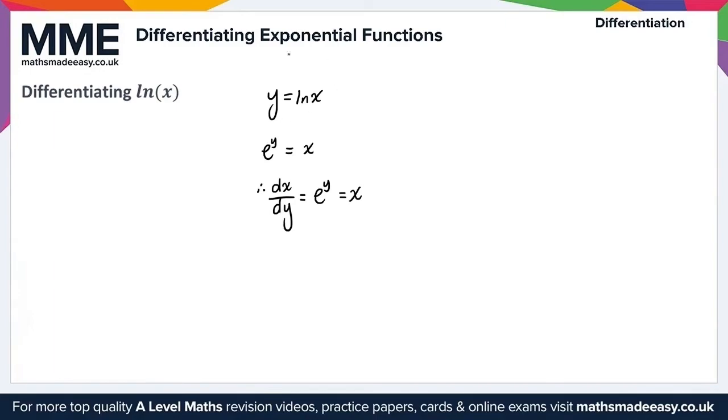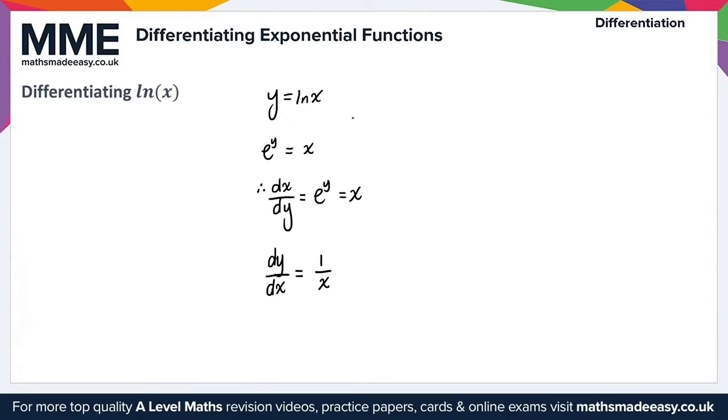We want to differentiate y, which is the natural logarithm of x, with respect to x. So if I simply take the reciprocal of dx by dy, then we would obtain dy by dx, which is simply the reciprocal of x, giving us 1 over x. And that gives us the result for the differential of the natural logarithm of x.